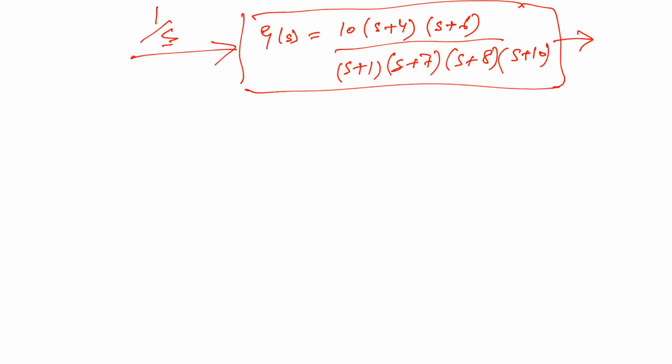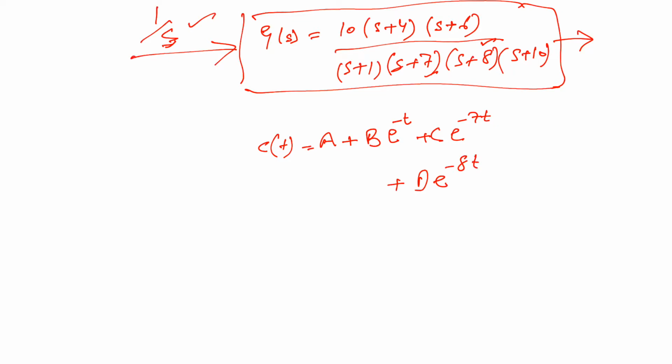As we have already seen in the first case, a 1 by s factor is also coming, and this 1 by s factor will give the constant value, that is A. Second, we have plus B, which gives the exponential response e minus t, plus C e minus 7t, plus D e minus 8t, plus E e minus 10t.